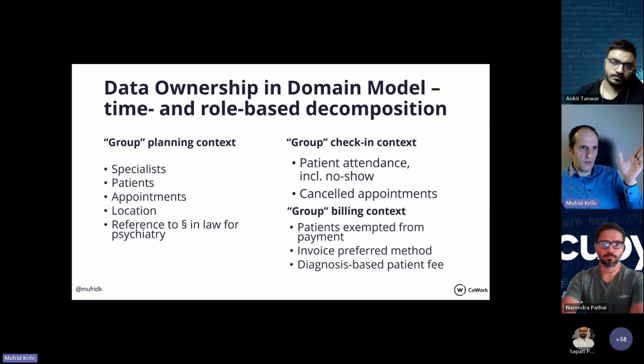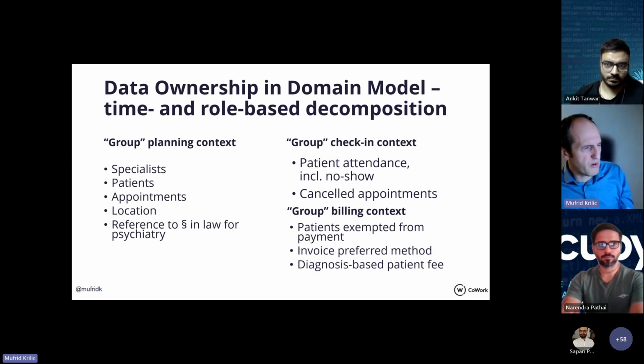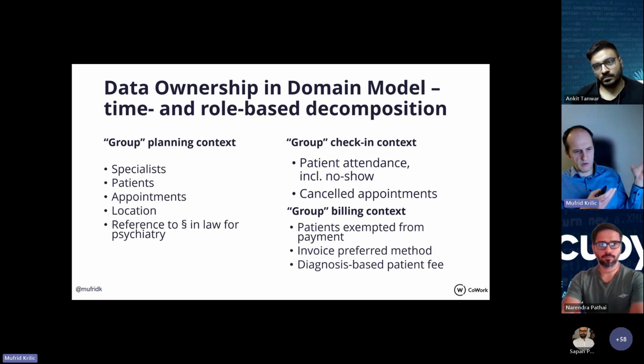So now we can have three models in our system, in our application, in our code, which are aligned along the user context at different points in time. And we still struggle with this reference to the paragraph in the law for compulsory interventions, and we put it on the left side because we don't know where to put it. Great.